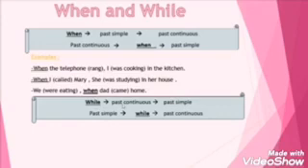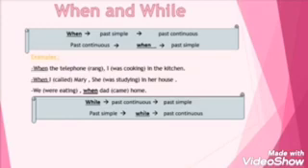Excellent, the past continuous. So while the case is different. While, past continuous, and then past simple. So what comes after while is the shorter or the longer action? Excellent, the longer action, and then the shorter action or the past simple.